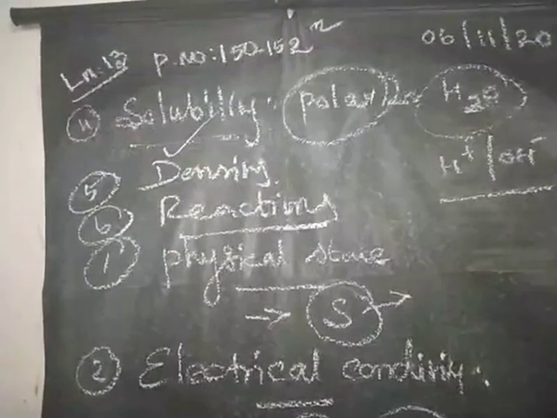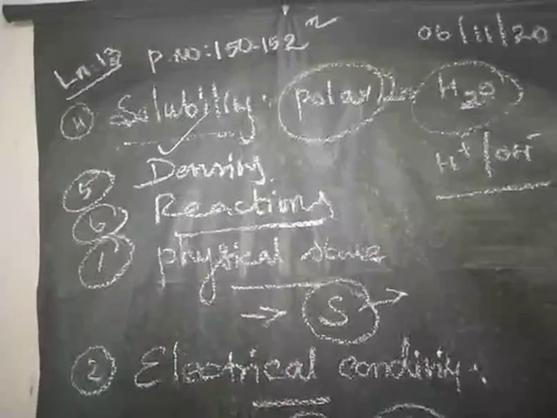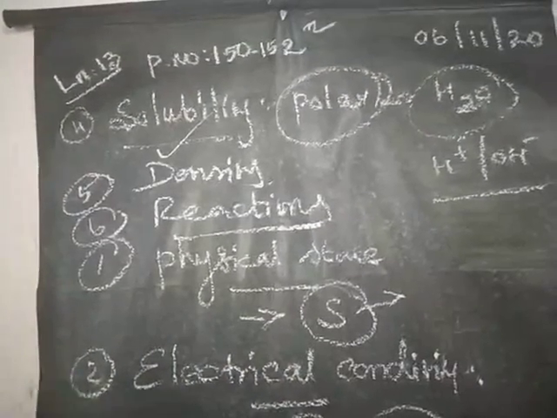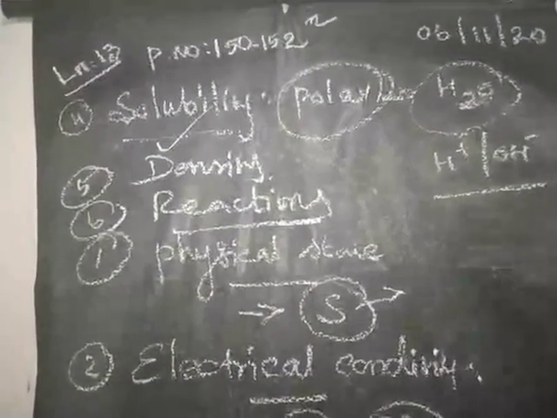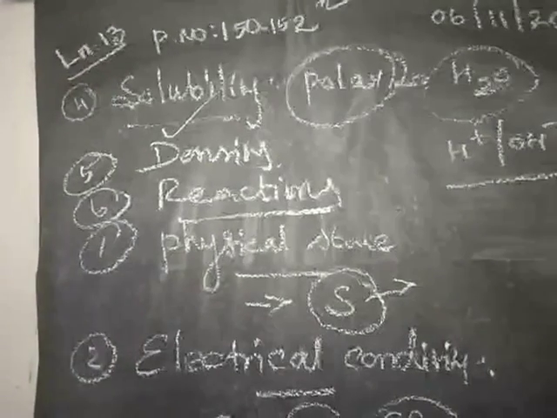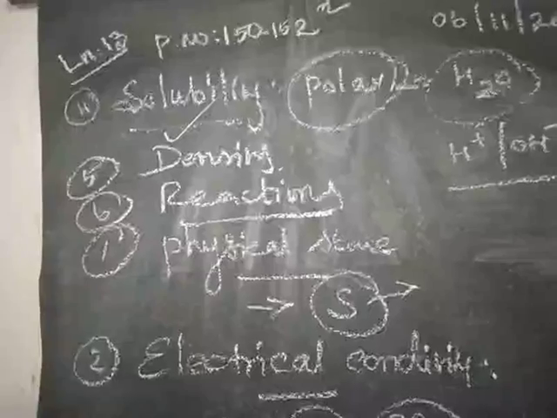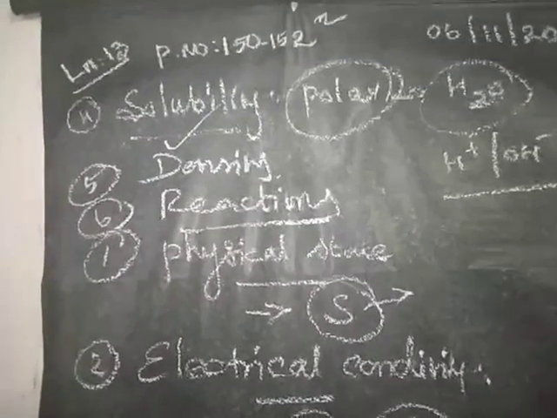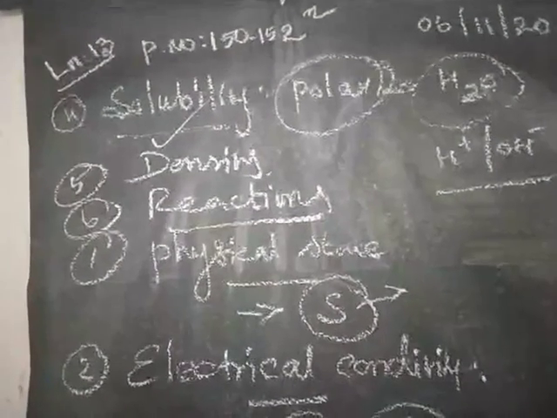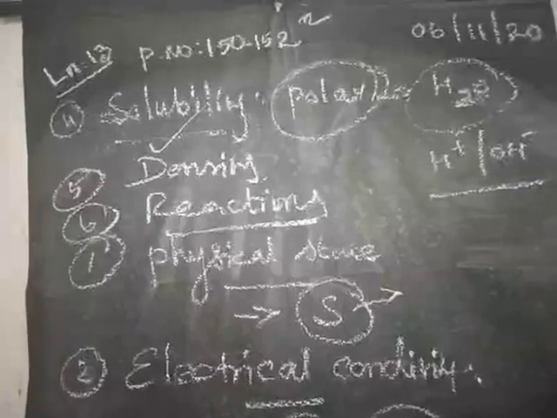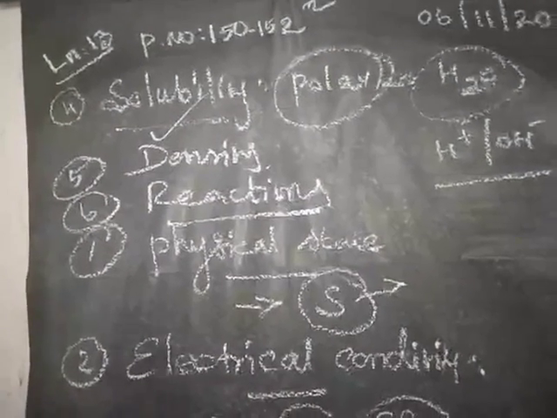Today's homework, based on this topic: illustrate one more example, magnesium chloride, which is given in our textbook. Illustrate the formation of the ionic bond in magnesium chloride.